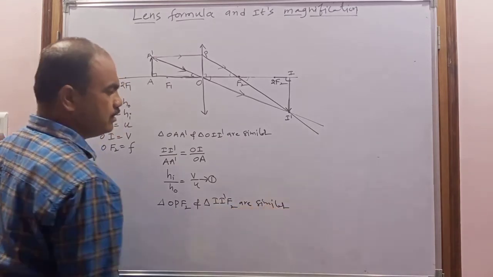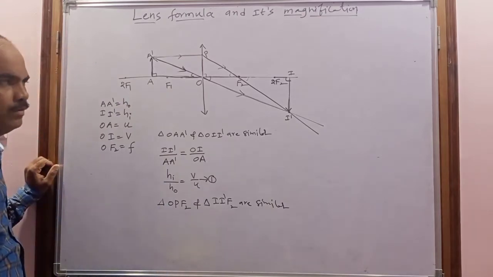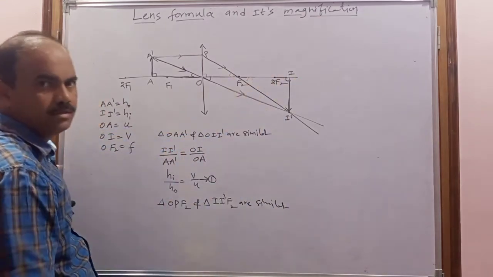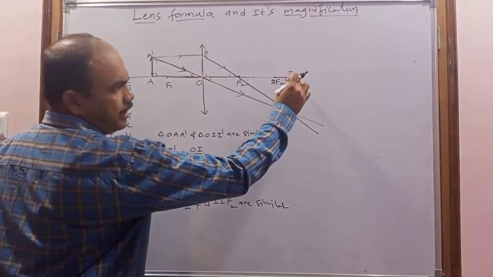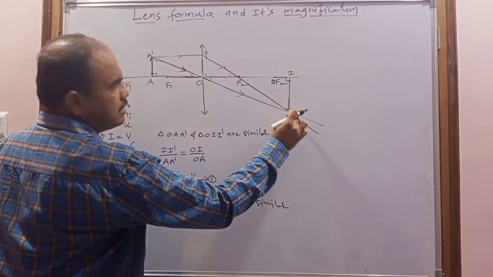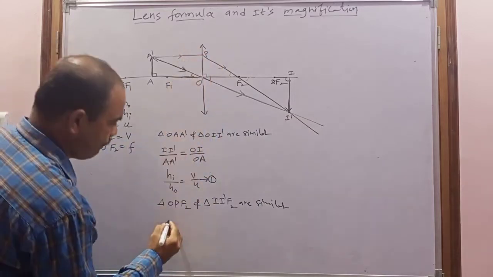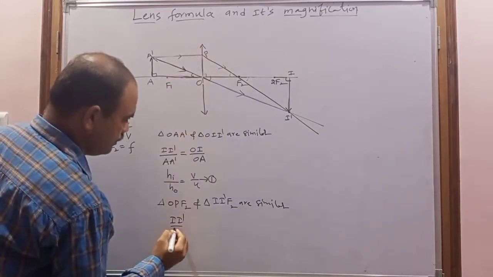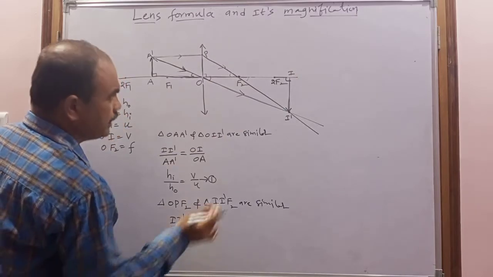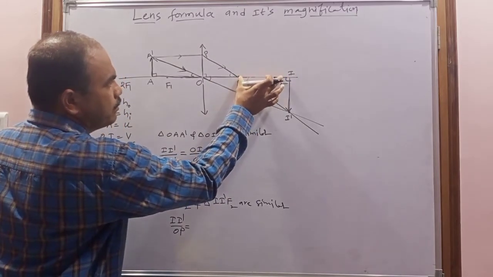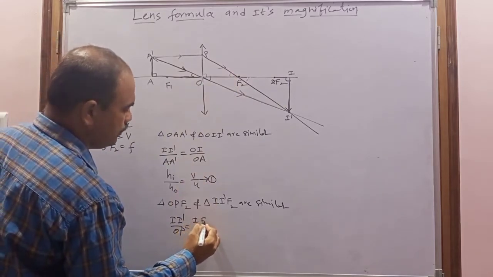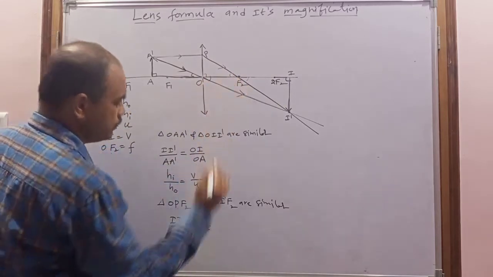When these are similar, the two triangles' side ratios are also the same. So I am taking the sides: I' by OP is equal to IF2 by OF2.